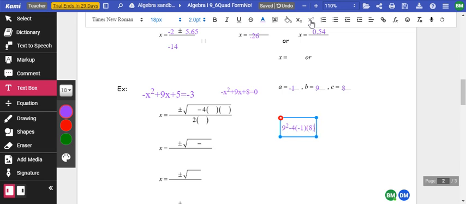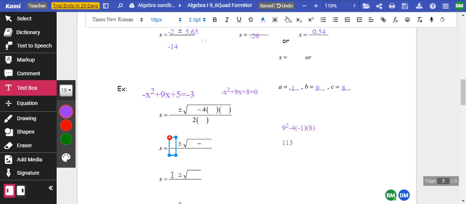I'm going to do all of this, and it's going to tell me something. 9 squared is 81, and 4 times 8 times 1 is 32. So I've got 81 plus 32, which gives me 113. What that 113 is telling you is, if it's 0, it's got one answer. If it's negative, it's got no answers. And if it's positive, it's got 2 answers. So I know this has 2 answers.